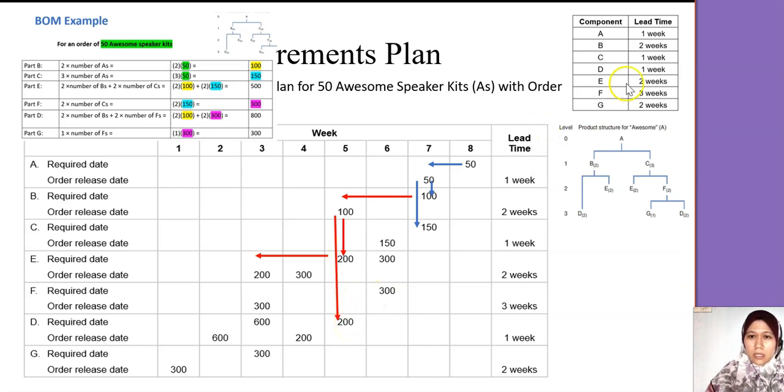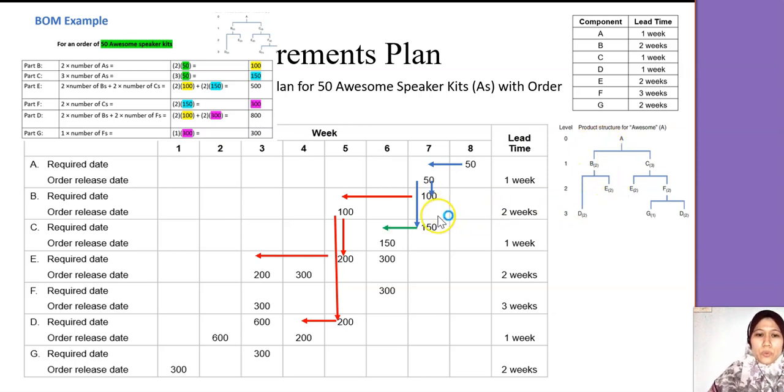The E lead time is 2 weeks, 1, 2, and the D lead time is 1 week. So these are complete for A, B, E, and also D. So we have completed this side.